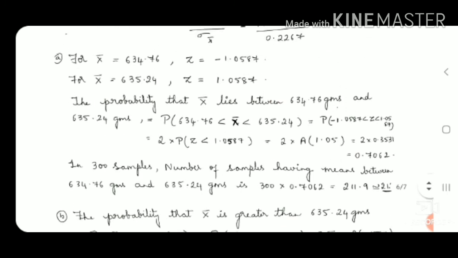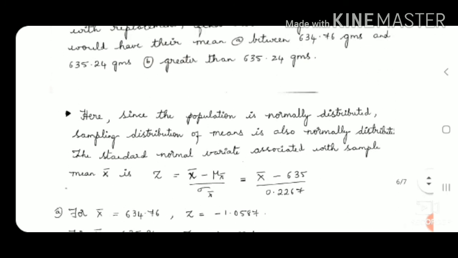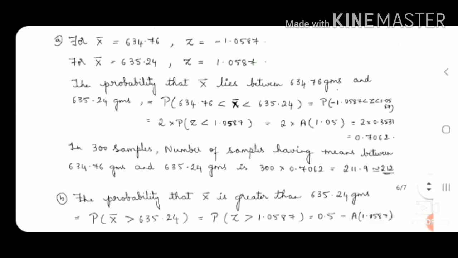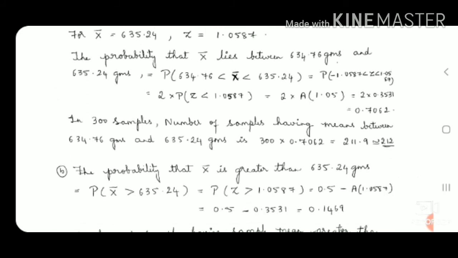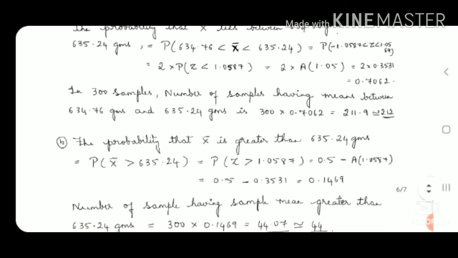Now, for the number of samples which have means greater than 635.24 grams, we need to find the probability first. So we find the probability that x bar is greater than 635.24. The corresponding standard normal variate is z greater than 1.0587.